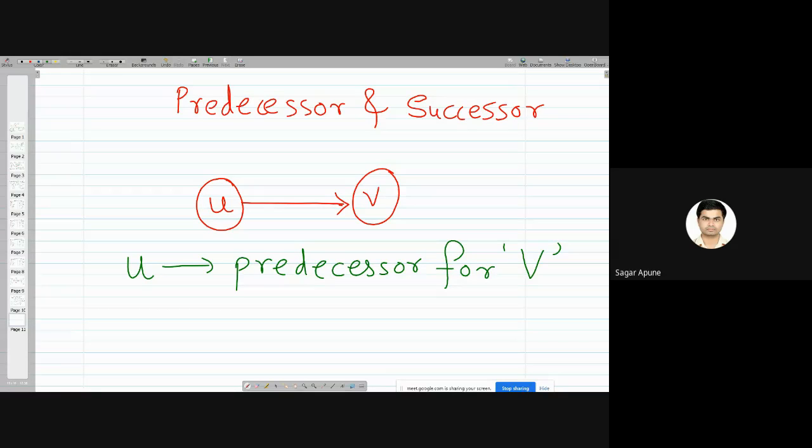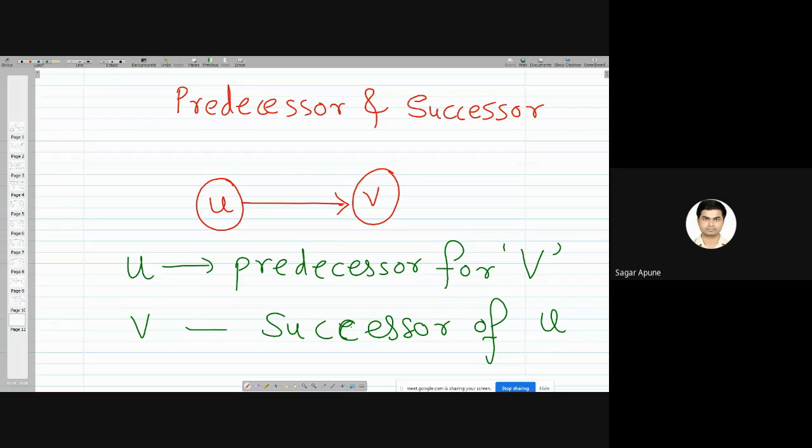U is predecessor for V and V is reachable from U, so we can call V a successor of vertex U. So this is the next definition, predecessor and successor.